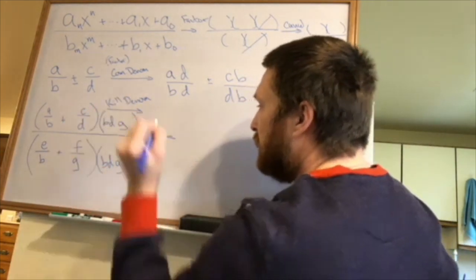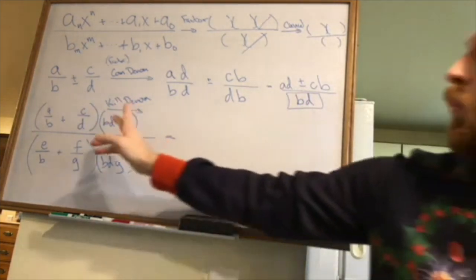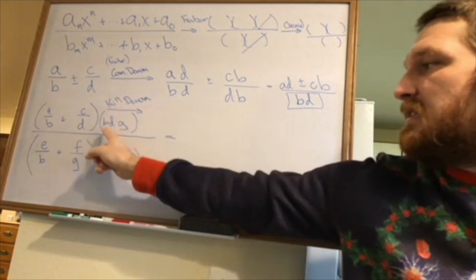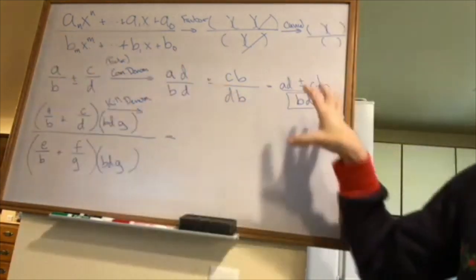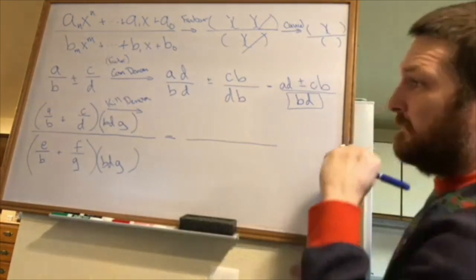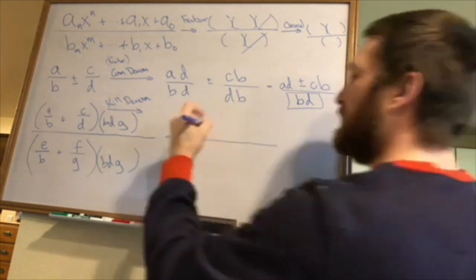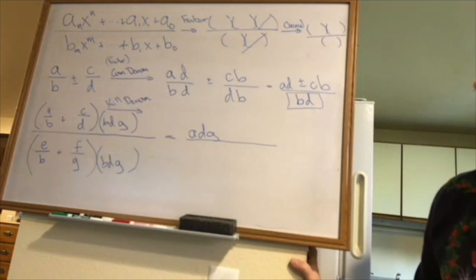Now let's see. You tell me, this would be a nice exercise. What do I get when this guy jumps over and hits that first fraction? What am I left with? ADG. What about in the second fraction?